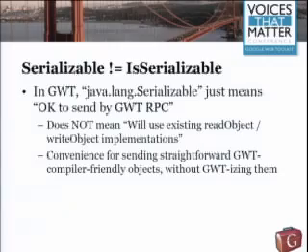It does not mean it will use your existing readObject or writeObject implementations, because it won't. Those have no meaning to GWT RPC. If you want to do that, you write a separate class, like I said before. And it's basically a convenience for allowing you to take all your existing serializable stuff and put it on the wire without having to mung it up with a bunch of GWT interfaces.